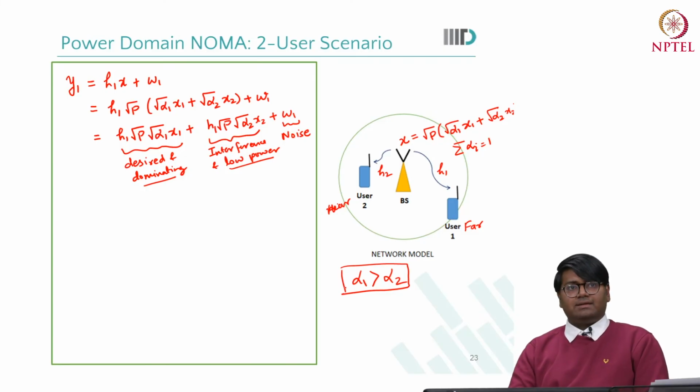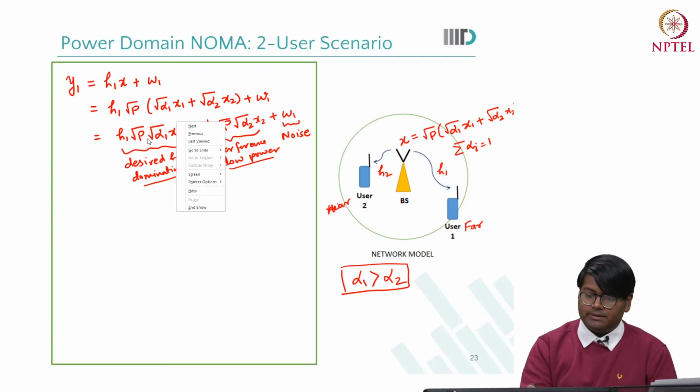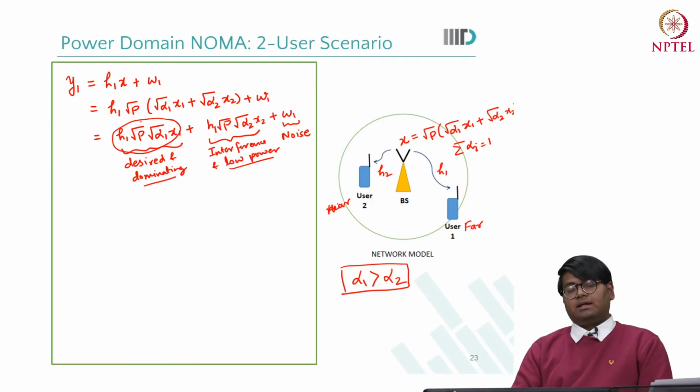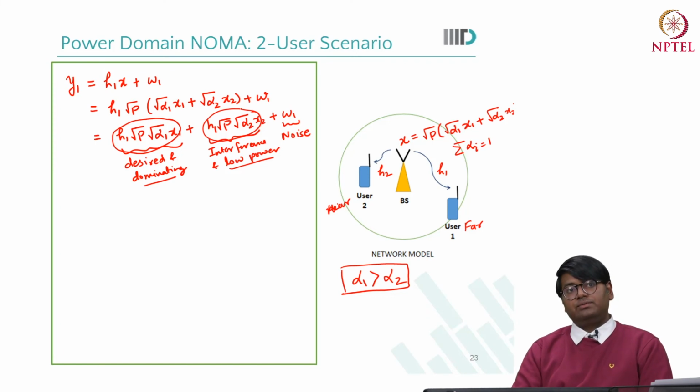Provided this condition, we see that this component is more dominating, and the other term can be regarded as interference, and also it has got a low power. So as far as the decoding for user 1 is concerned, we can easily decode our signal for user 1.